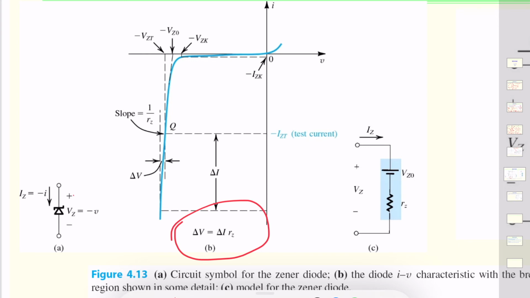Now, Zener diodes are made with the voltage VZ in the range of a few volts to a few hundred volts. And in addition to specifying the Zener voltage at a Zener current, RZ and IZK, the manufacturer also tells what's the maximum power that it can safely dissipate.